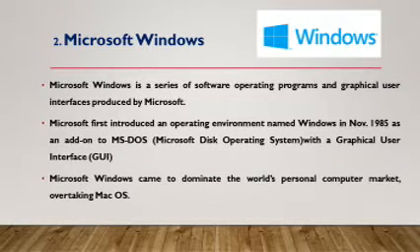As of April 2014, the most recent versions of Windows for personal computers, smartphones, server computers and embedded devices are respectively Windows 8.1, Windows Phone 8.1, Windows Server 2012 R2 and Windows Embedded 8. These are some important updates as of 2014. Now we have Windows 10, which is the latest version of Microsoft Windows.